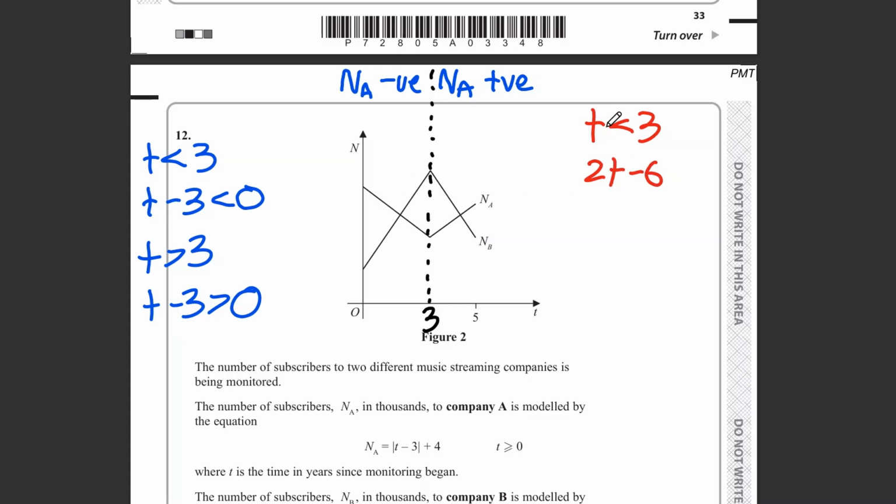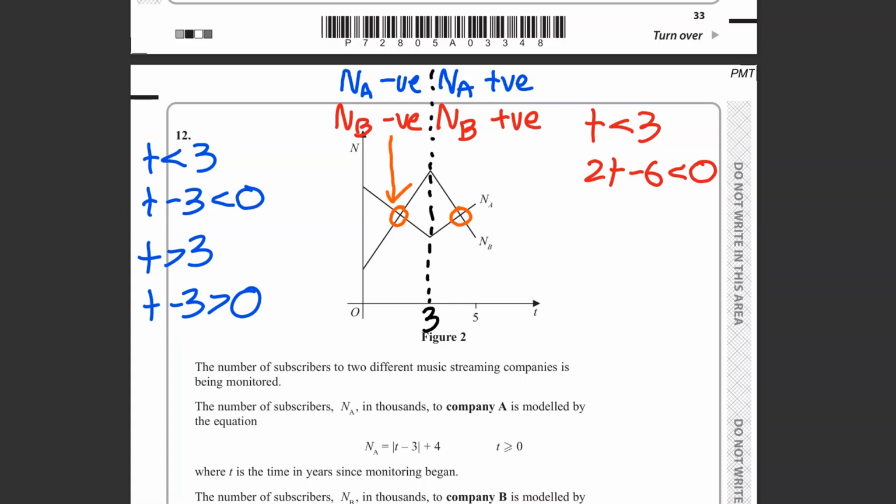So on this side where t is less than 3, this function is negative, so here we say that NB, the function inside the modulus, is negative. As the sign flips on this side, the function inside the modulus of NB is going to be positive. So we can now use this information in order to find these 2 points of intersection.